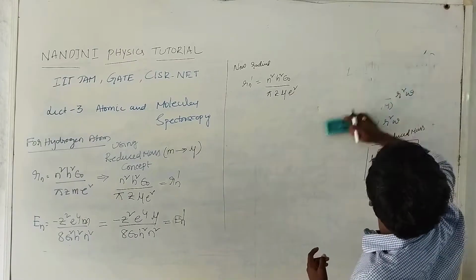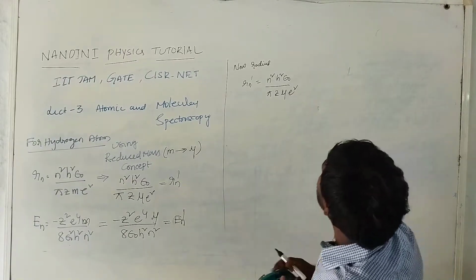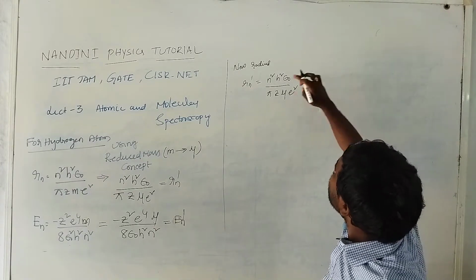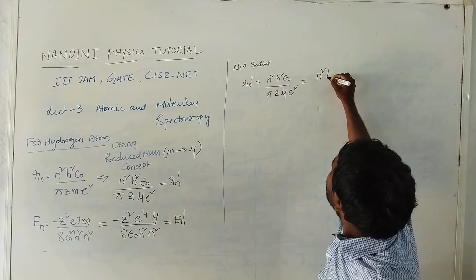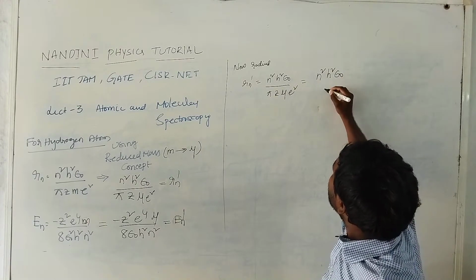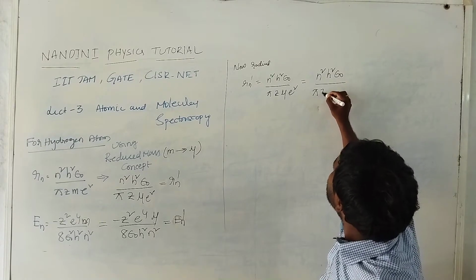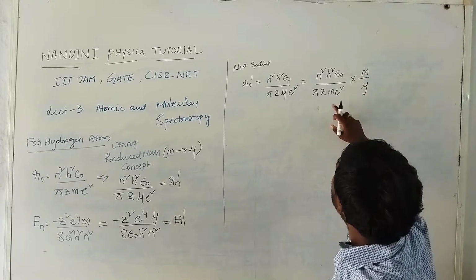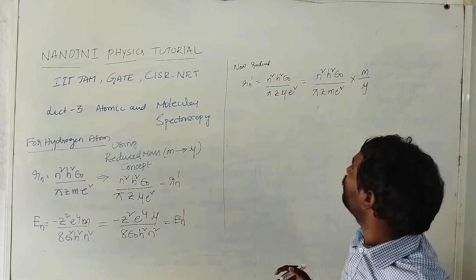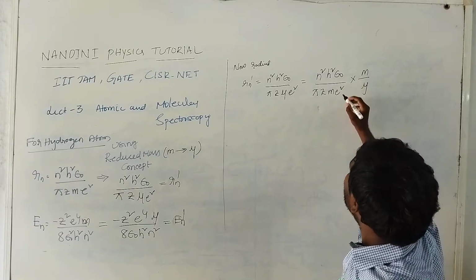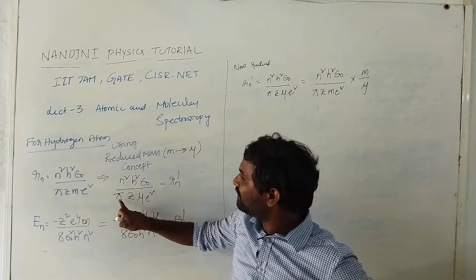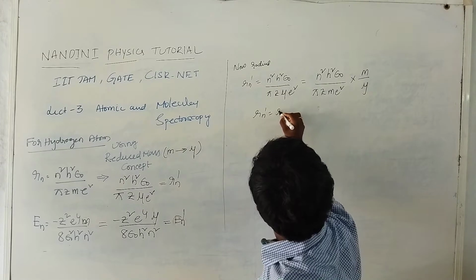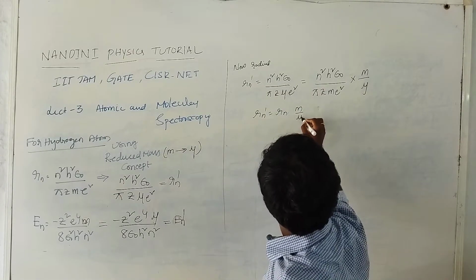I will write this equation as n square h square epsilon naught divided by pi z m e square into m by mu. Simply cancel m by m and you get the previous equation, which is nothing but Rn. So Rn dash is equal to Rn times m by mu.